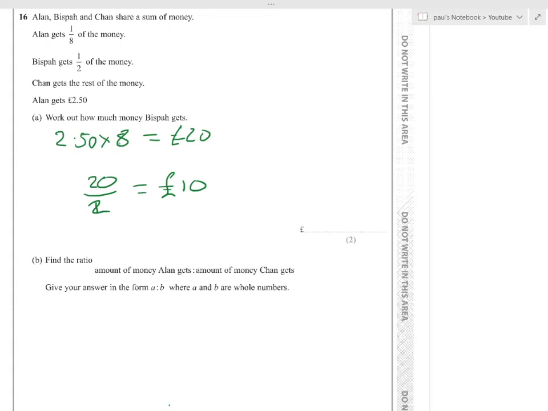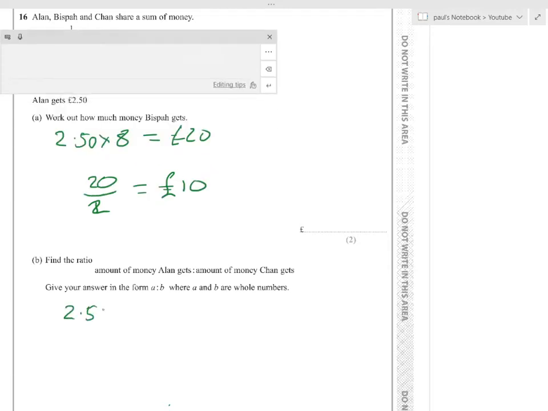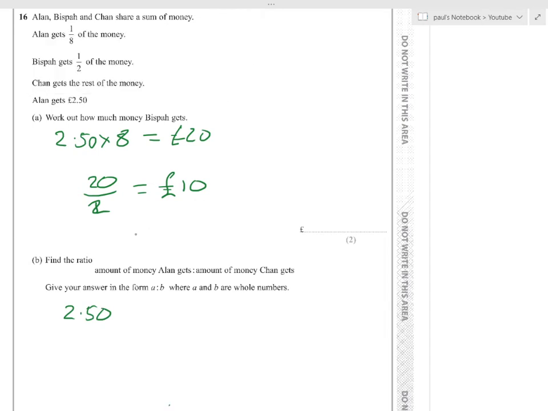So Chan gets the rest of the money. So Alan gets £2.50, and Bisaf gets £10. So that is £12.50 between them.